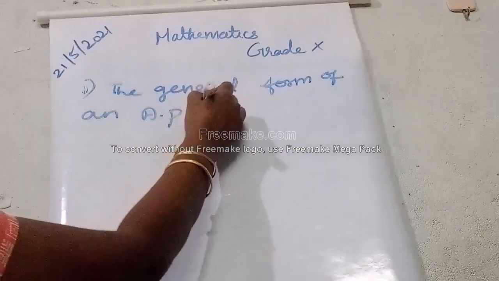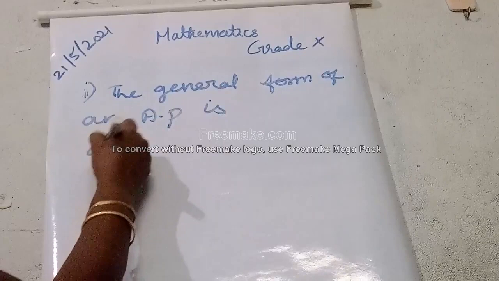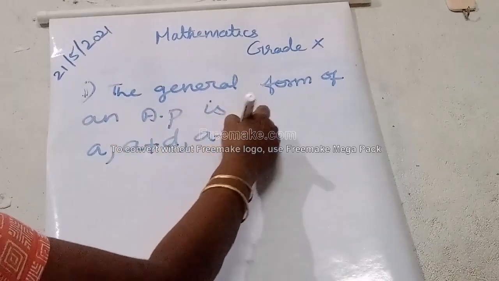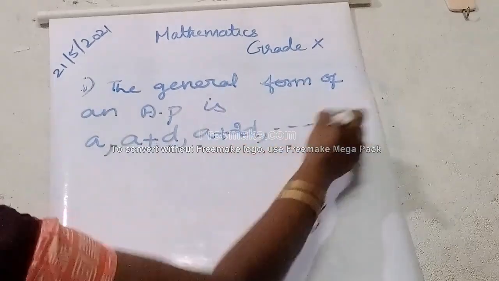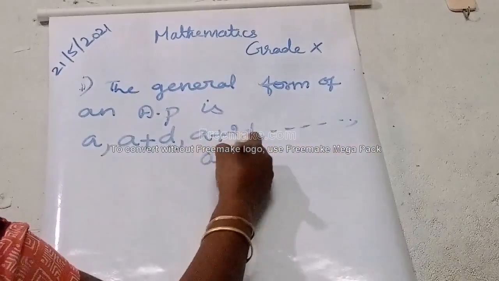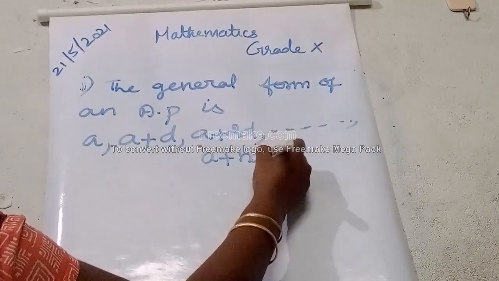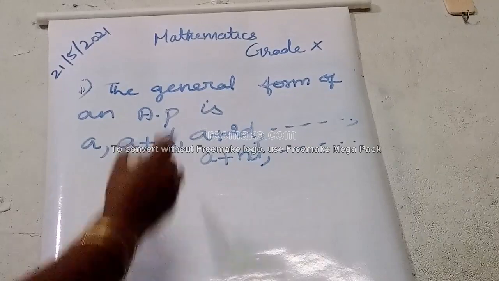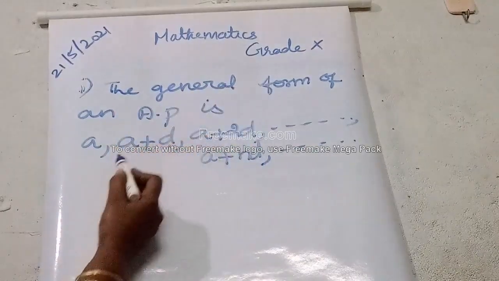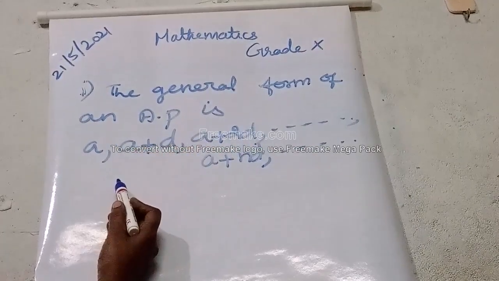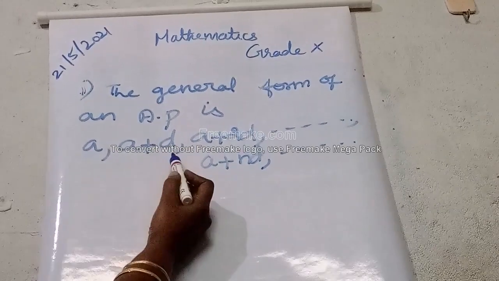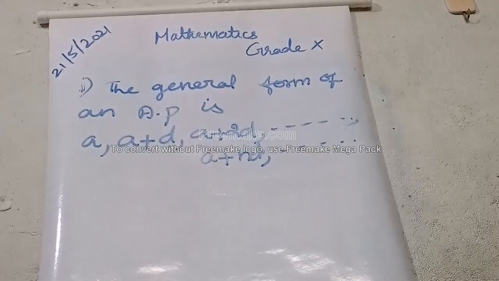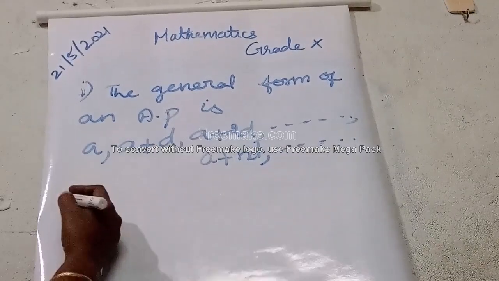AP means arithmetic progression: a, a plus d, a plus 2d, etc., a plus nd, it is for the nth term, etc. This is the general form of an AP, an important formula you have to learn.